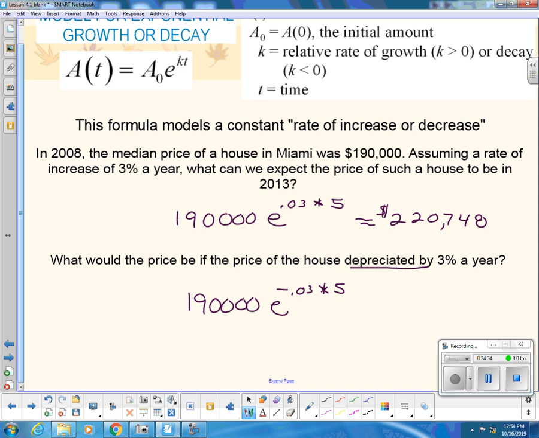Same exact thing, except we're going to put a negative here. A negative exponent will lose. So increase is a positive K, decrease is a negative K. Same formula.